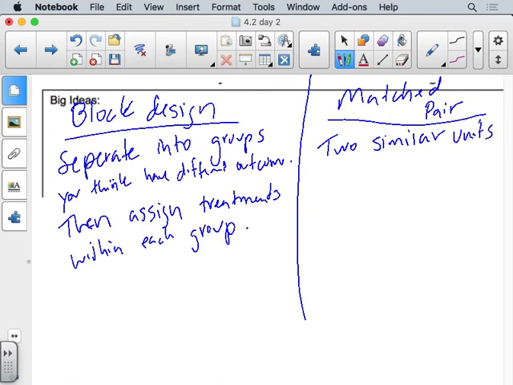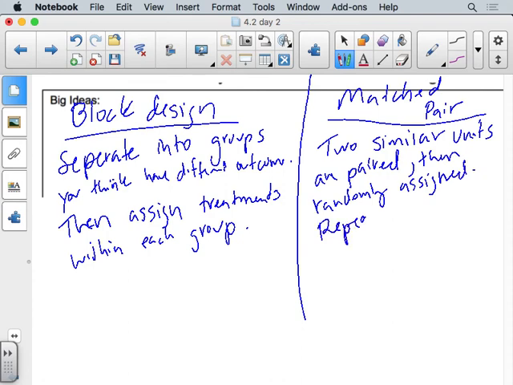So two similar units are paired and then randomly assigned into each group. Then repeat for the whole sample or for the whole experiment.